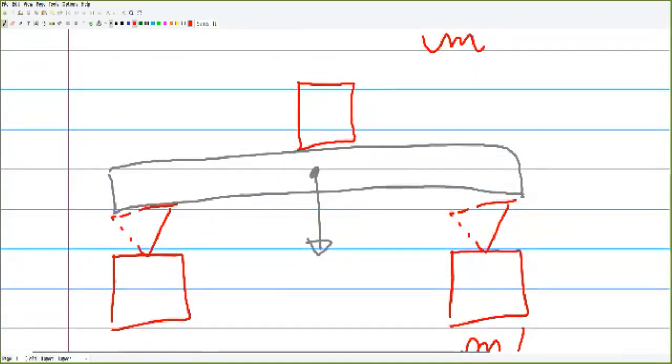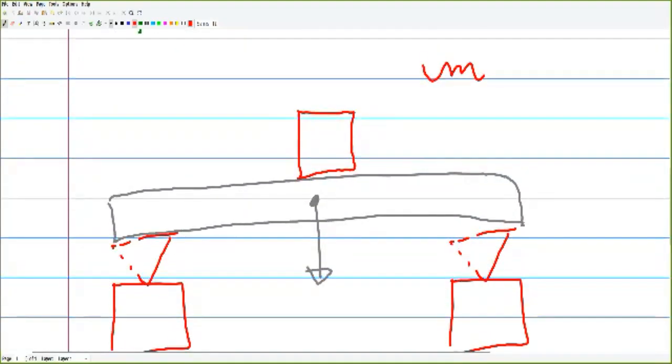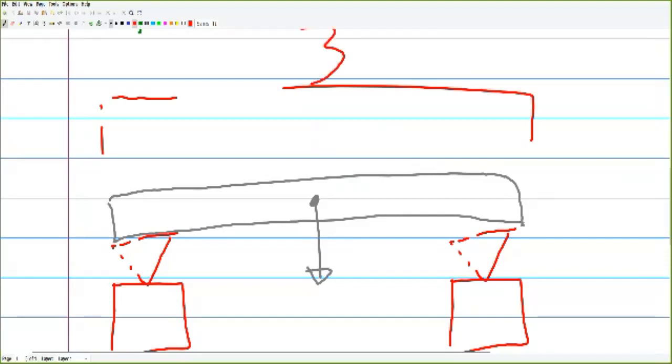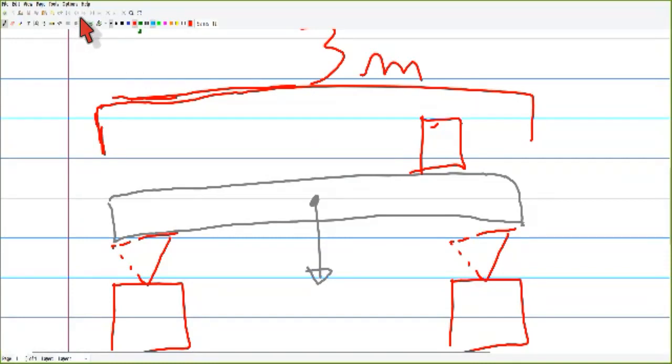And so with that, now it says that the whole thing is 3 meters. And we have the boxes right here. This is not to scale, and this is 0.5 meters, okay?